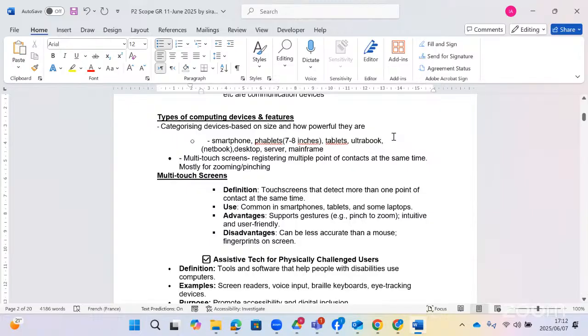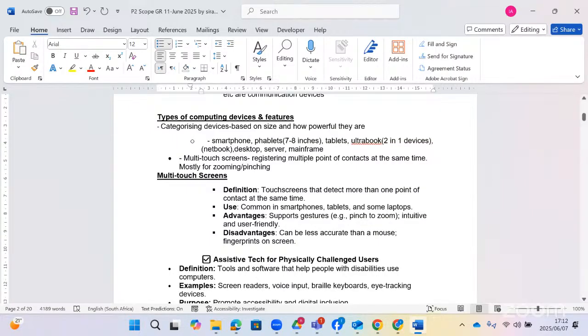Those are Ultrabooks, and some of them can also be referred to as two-in-one devices that can be used in tablet mode or laptop mode, right? And then the netbook, these days netbook is no longer available, or you don't find them in the market. They did not have touch screen, so the two-in-one has replaced the netbook.